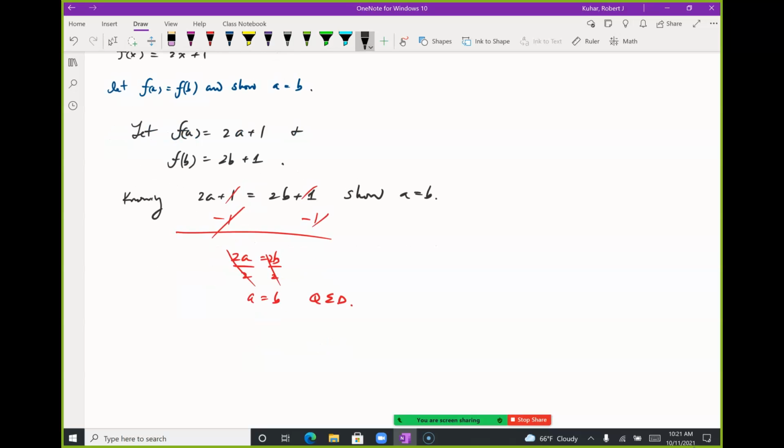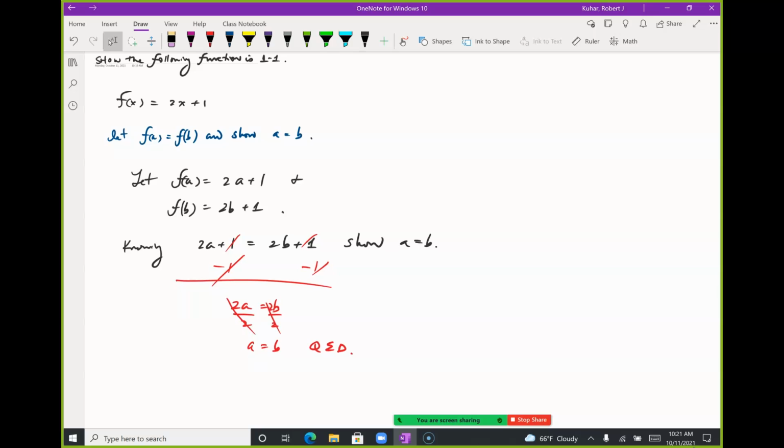Let's do another one. Show the following function is 1-to-1. So what does it mean when it's 1-to-1? It means I can find the inverse. How do we find the inverse? Takes a little bit of work. But if you think about it, this is important. If my domain and range switch, if my x's and y's switch, I know how to find the domain of a function. How will I now be able to find the range of a function?